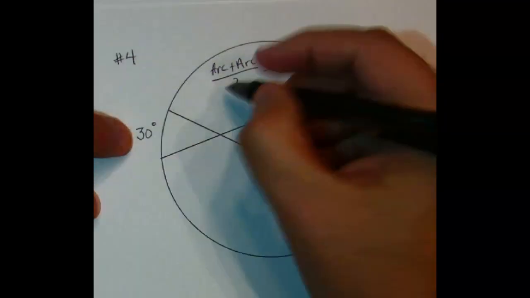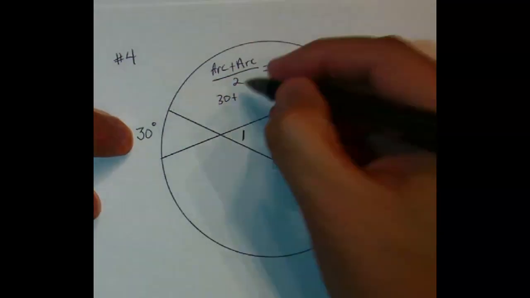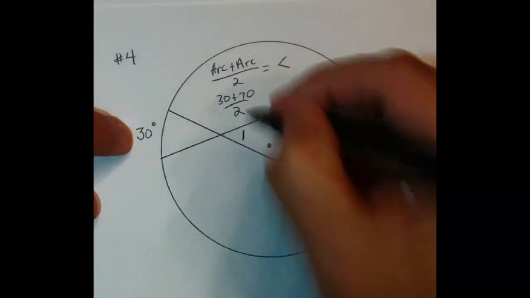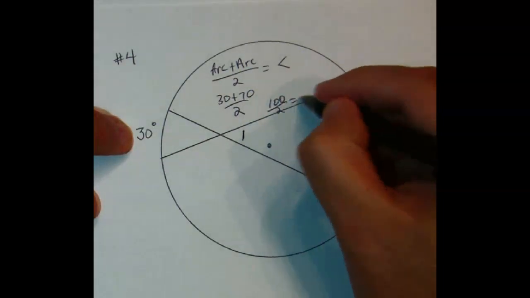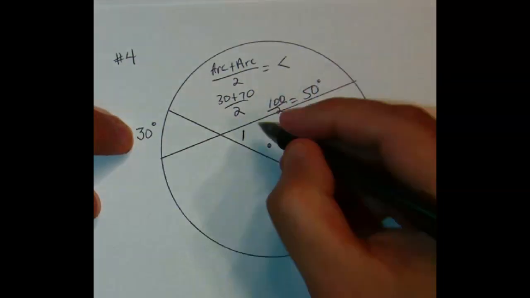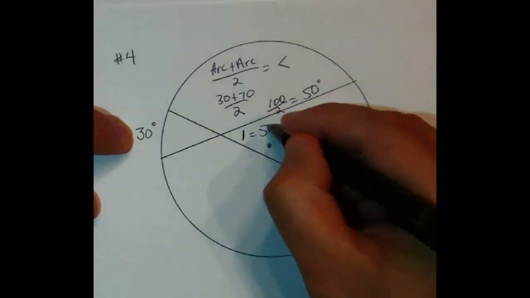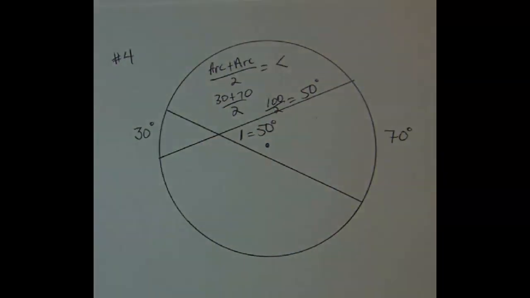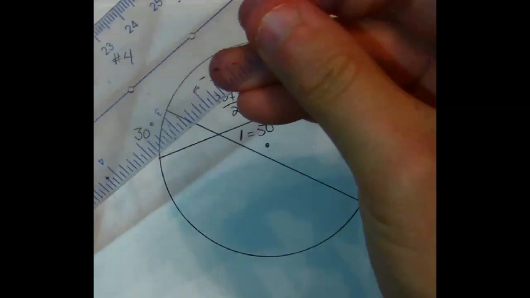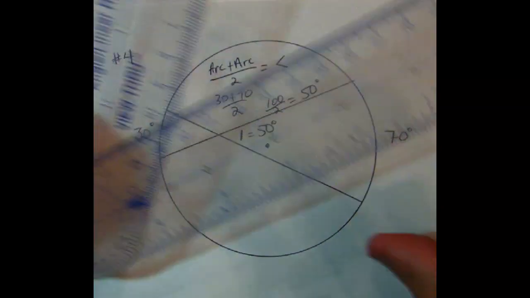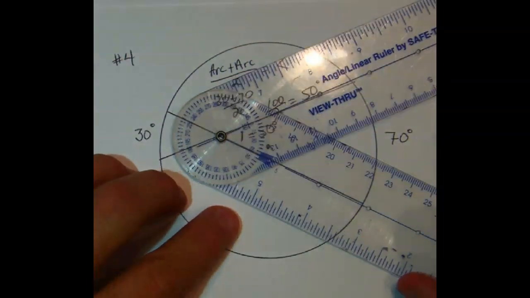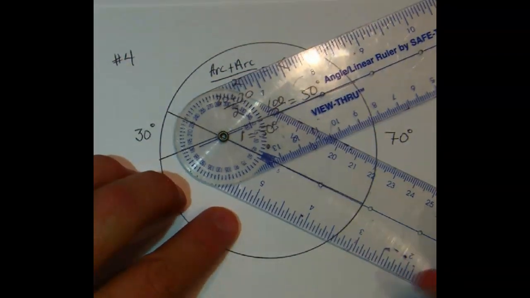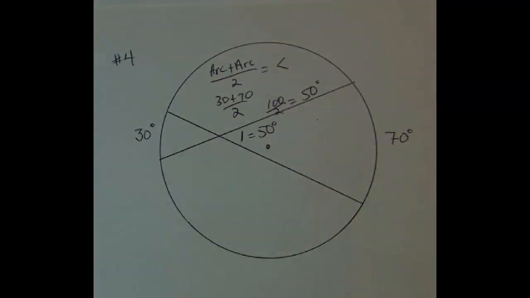So this is 30 plus 70 divided by 2. 30 plus 70 is 100. 100 divided by 2 is 50 degrees. So angle 1 is 50 degrees. I take my protractor, put it on 50 degrees, lay it down, and you see it matches up, 50 degrees. So it works. That's number 4, very simple.